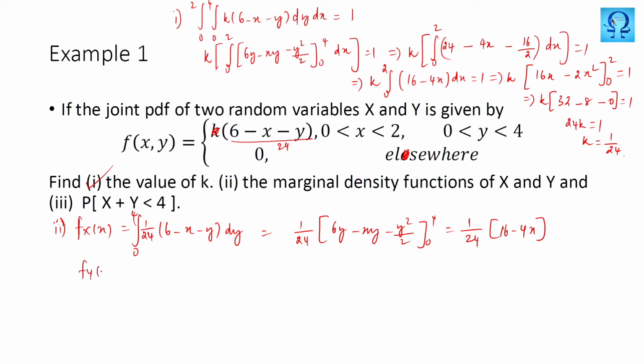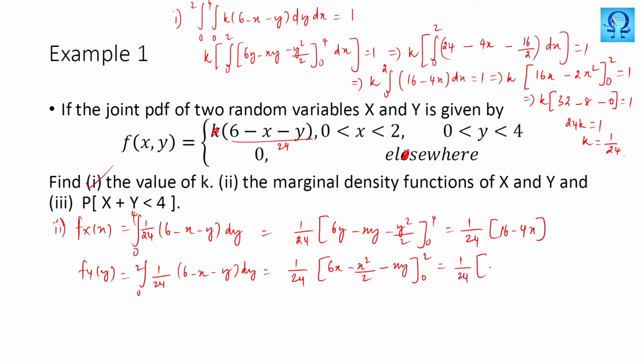Similarly, the marginal density of y is the integral 0 to 2 of 1 upon 24 times (6 minus x minus y), this time with respect to dx, since we are integrating with respect to x. This is a constant, and we get 6x minus x squared upon 2 minus xy over the limit 0 to 2.